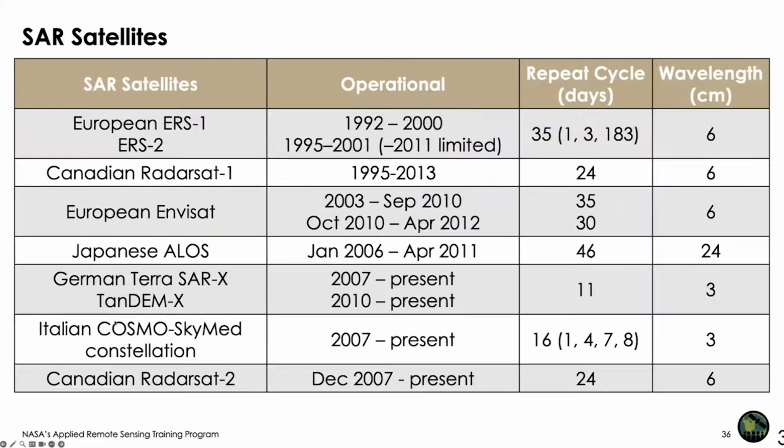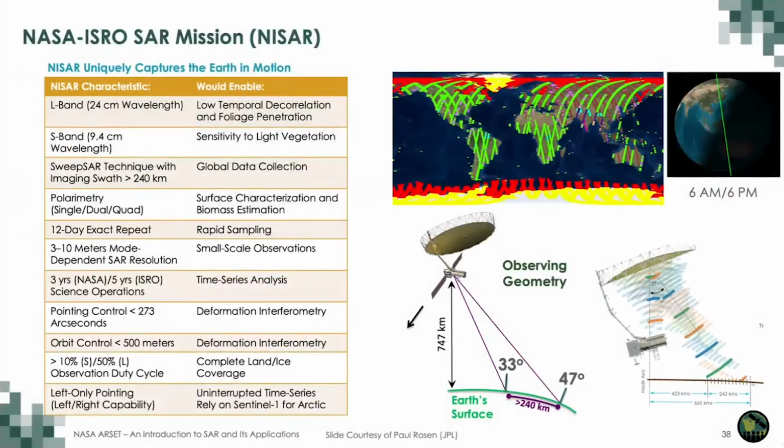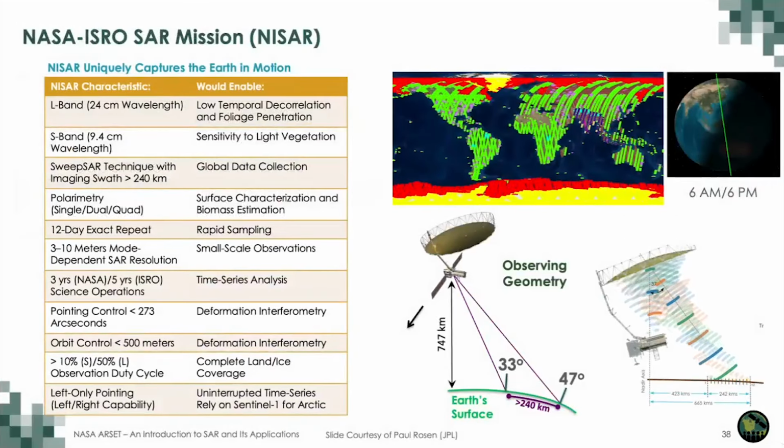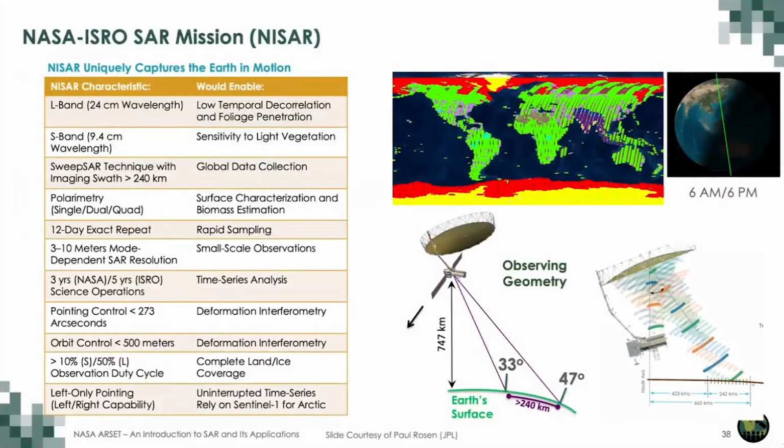2017. This is more information about how the satellite system works, with the animation of how it covers the whole Earth in 12 days, actually covering the land area of the Earth, both ascending and descending every 12 days.